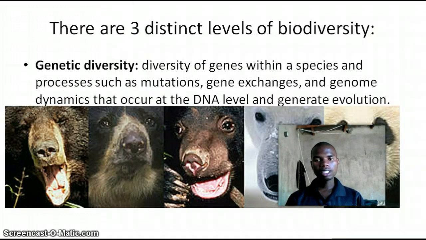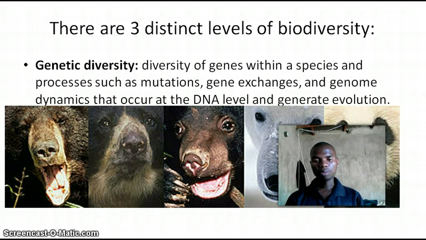There are three distinct levels of biodiversity. Number one is genetic diversity, the diversity of genes within a species and the processes such as mutation, gene exchange, and genome dynamics that occur at the DNA level and generate evolution.